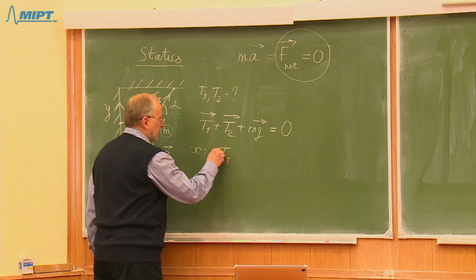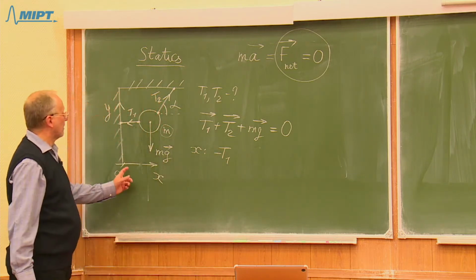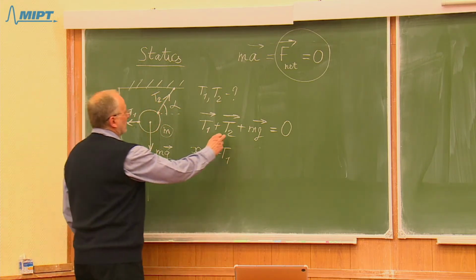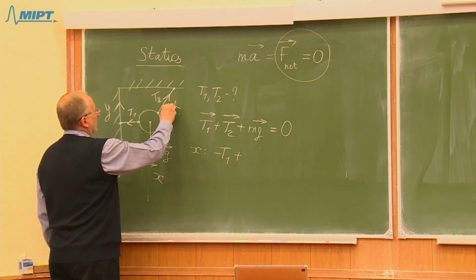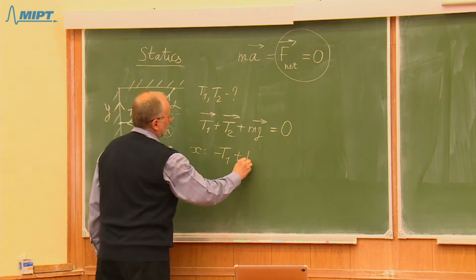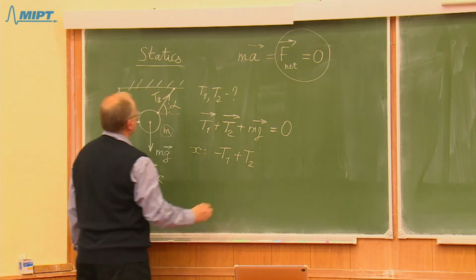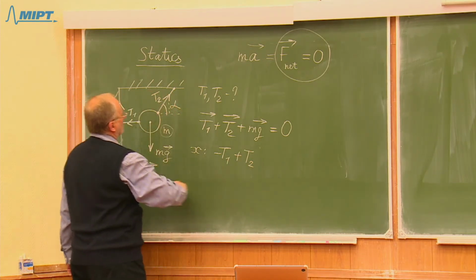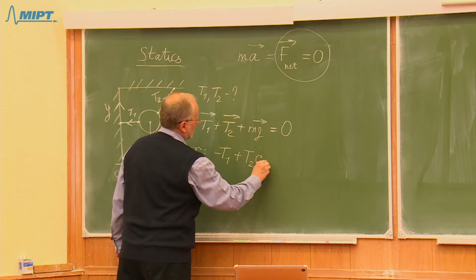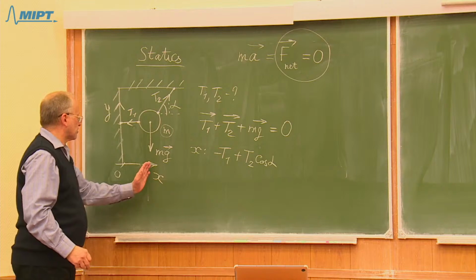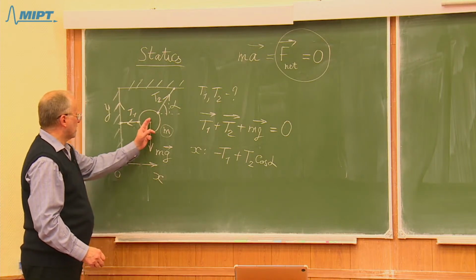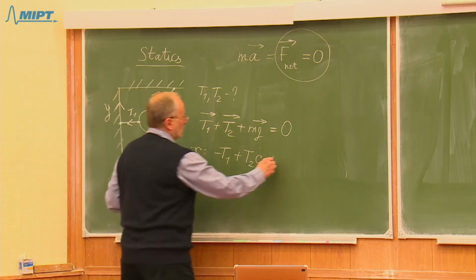So that is minus T1, then plus vector T2 will have projection equal to magnitude T2 cosine alpha, and vector mg will have its projection on horizontal axis, which is 0.